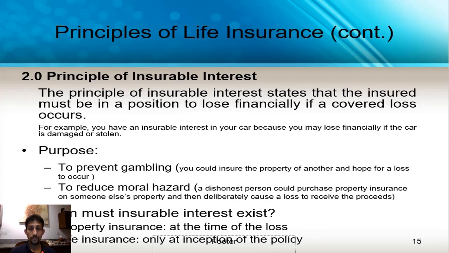So for example, if you insure your car and the car meets with an accident, you have lost some financial amount due to this event. So you can see the insurable interest has a strong link with the insurance policyholder, and losing that will cause a financial loss to the said party.